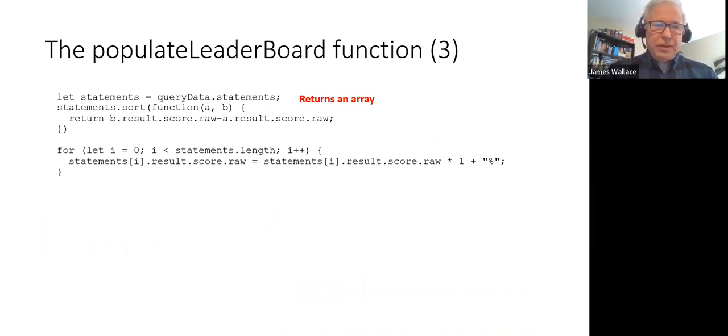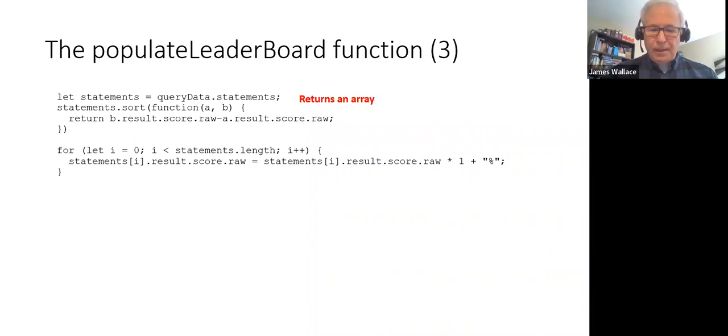So the query itself is going to return an array. If you're not familiar with coding, an array is just a collection of different values that have little individual identifiers like 0, 1, 2, 3, 4, etc.